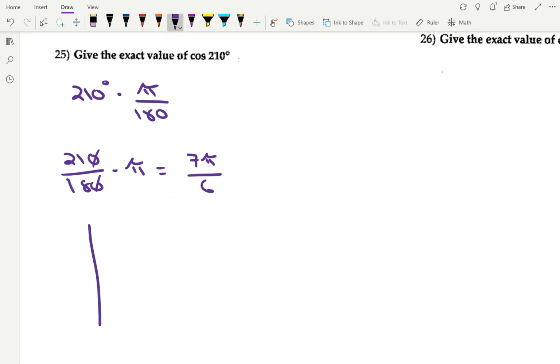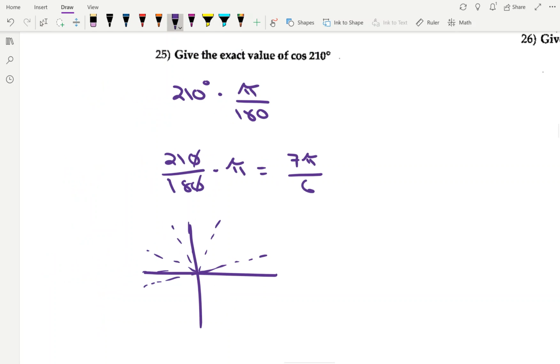Where is 7 pi over 6 in the unit circle? Well, let's get this straight. So that's pi over 6, 2 pi, 3 pi, 4 pi, 5 pi, 6 pi. Oh, there he is, 7 pi over 6. And if you recall, that position there would be a negative root 3 over 2. And he's downstairs, so that's negative 1/2.